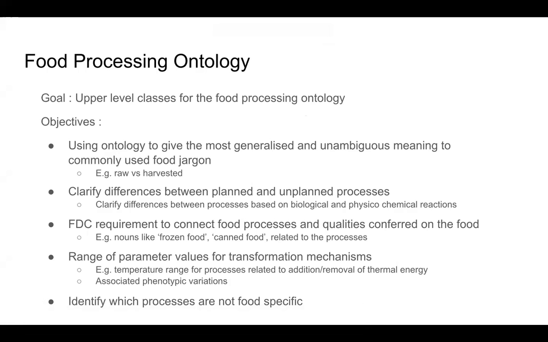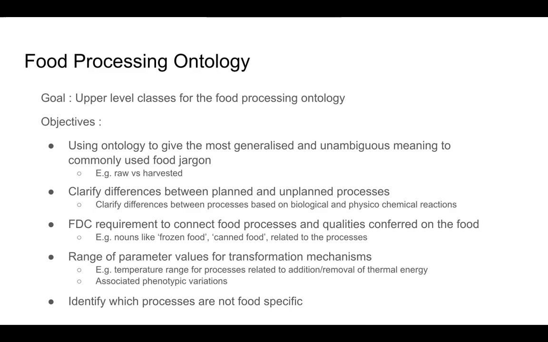And as we went through these different objectives, we kept making changes to the upper level ontologies, either adding new classes or changing the hierarchy. These objectives are not in order of how we approach them. But if there are more questions, we can get to all of them, which we expect there will be.